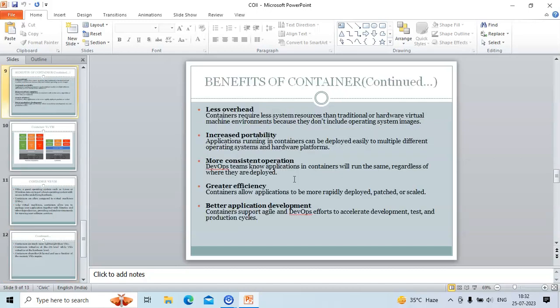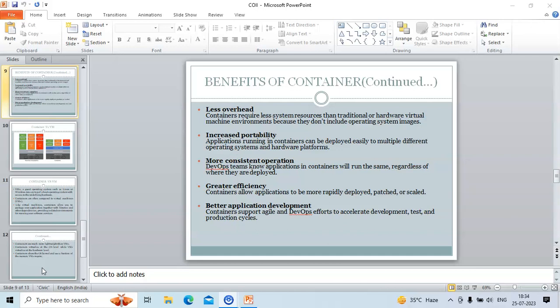Other benefits of containers are, first, less overhead, as containers require fewer system resources than older ways, as they don't include OS images. Second is more consistent operations, meaning as the applications in containers can be run on any OS regardless of where they are deployed, it is easier for DevOps teams to work.